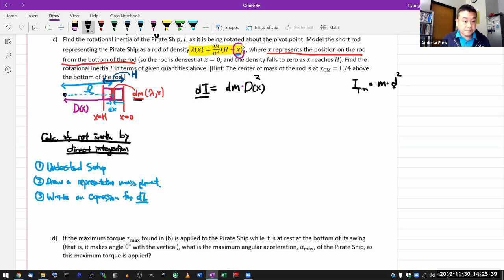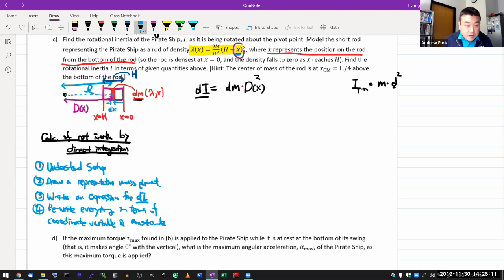Then I have to rewrite everything in terms of coordinate variable, technically coordinate variables, but I'll only give you one-dimensional problems, so there will be only one variable for you to worry about, and constants. This is preparation for the final step, which is do the integral. Integral over the whole rigid body.